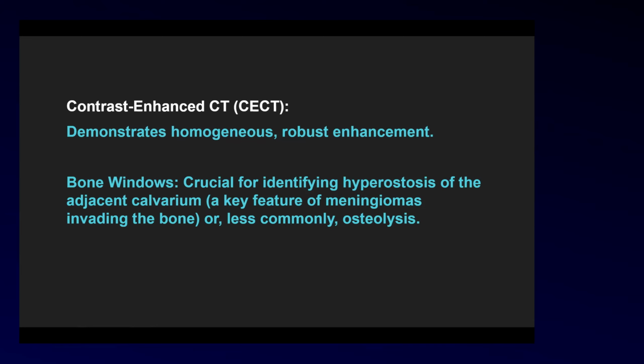These hyperostotic bones are notorious for A, difficult flap raising, etc., and B, they cause extensive bleeding because the blood flow is a lot more than the normal bone. So for surgical planning purposes, you would need a CT bone window.